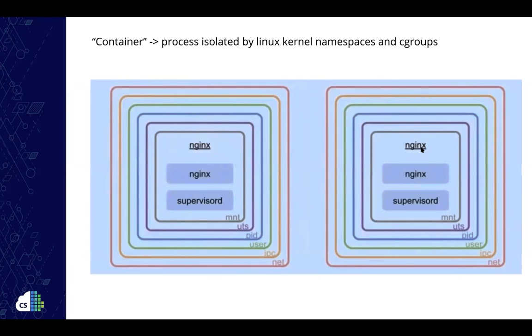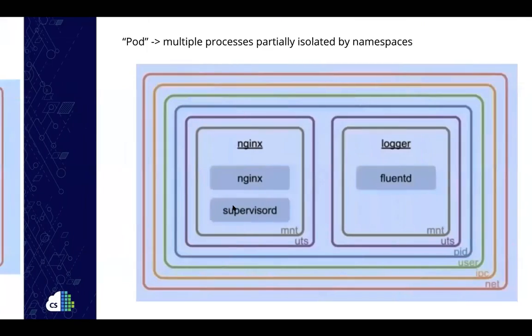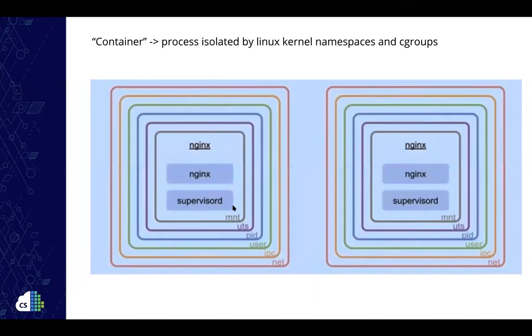So if you have two containers, they will have different mount points, different host names, different PID handling. If this container sends a kill signal, the other container won't see it. They will have different users. Basically, everything will be separated. That's in general how Docker containers work.